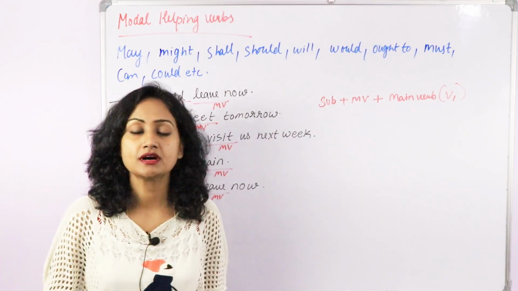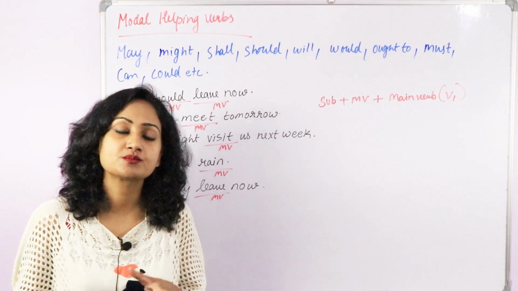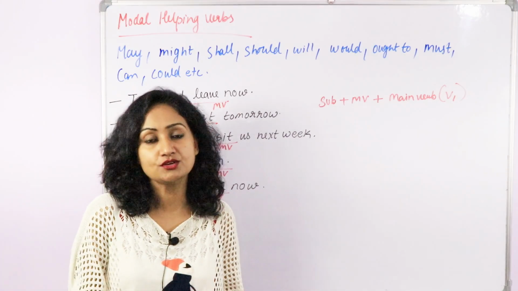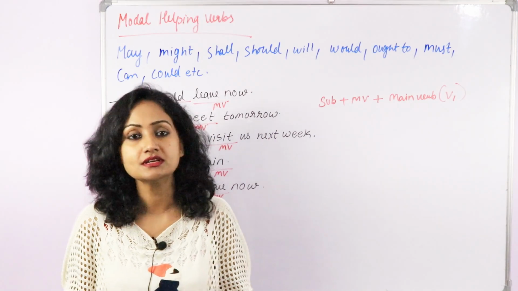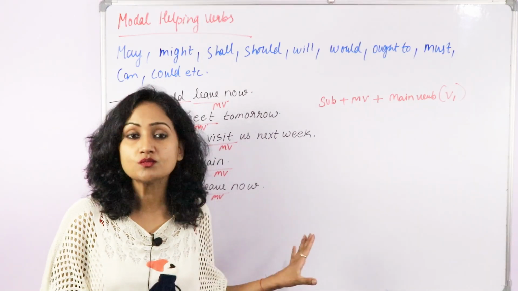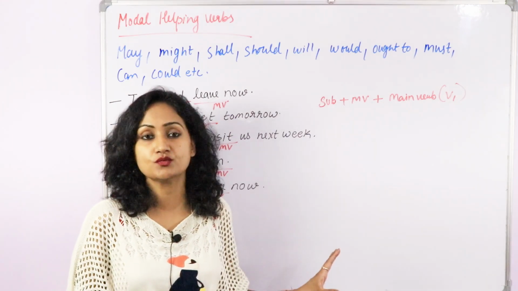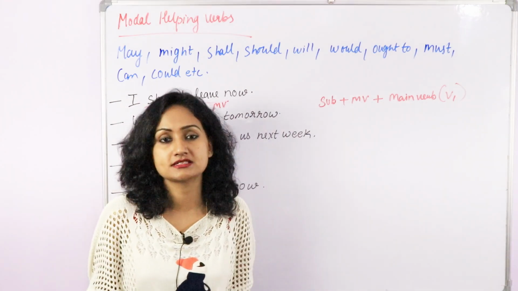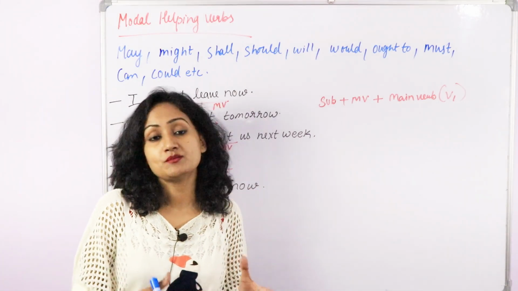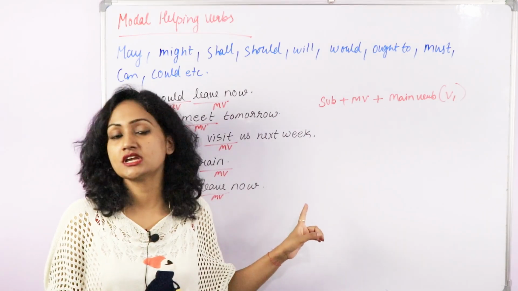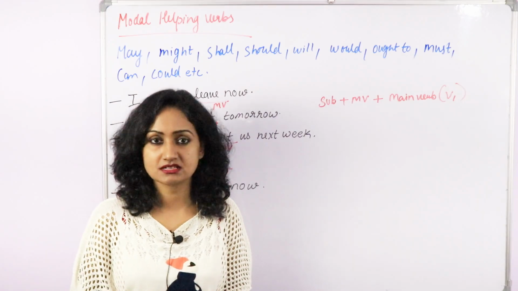Here I want to tell you a few things about modal verbs. We have seen that primary helping verbs can be used as a main verb as well as a helping verb depending upon the sentence. But modal verbs can only be used as a helping verb or auxiliary verb. They can never be used as a main verb. Second, unlike primary helping verbs, they don't change their forms according to the number of the subject.